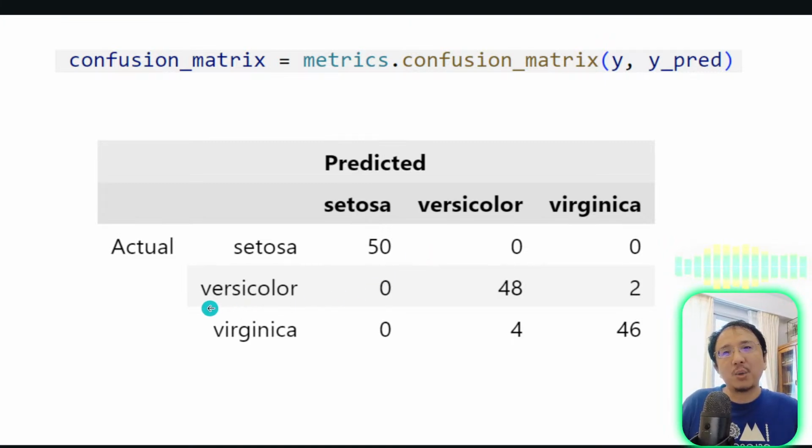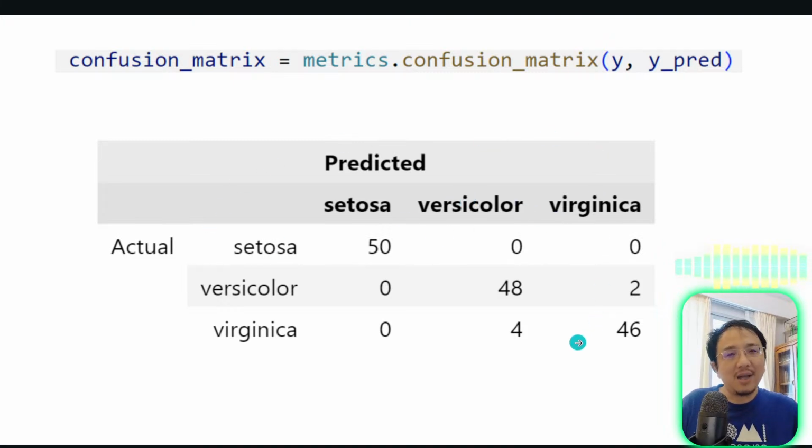And for the case of versicolor, out of 50 samples, 48 of them get correct, and 2 of them are misidentified as Virginica. And for the Virginica case, out of 50 samples, 46 get correct, and 4 of them get misidentified as versicolor.